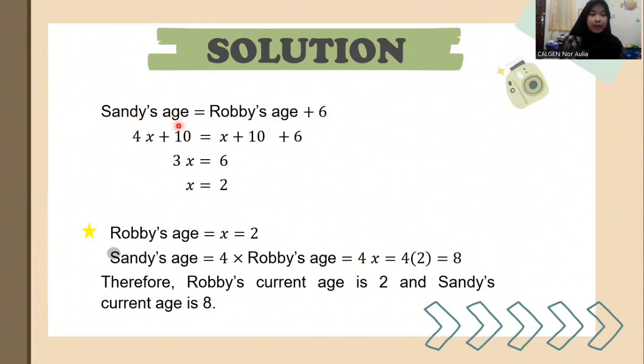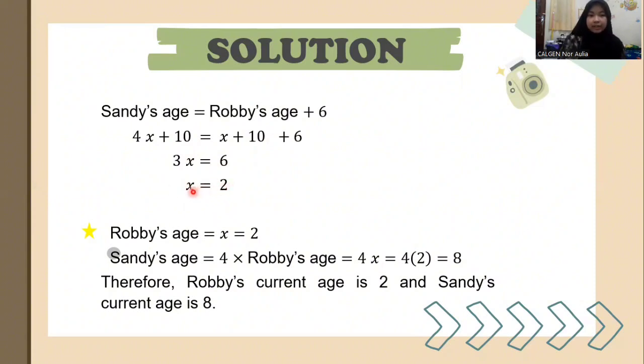So we can set up the equation: 4x plus 10 equals Robbie's age x plus 10 plus 6. The same variable x will be subtracted, so we get 3x, and the 10 is a constant. So 3x equals 6.